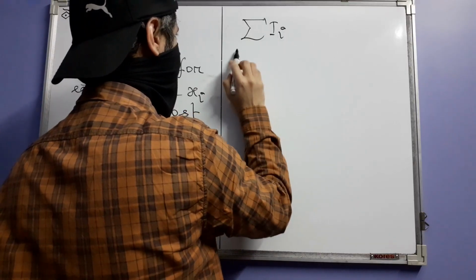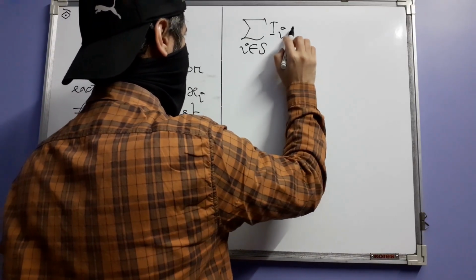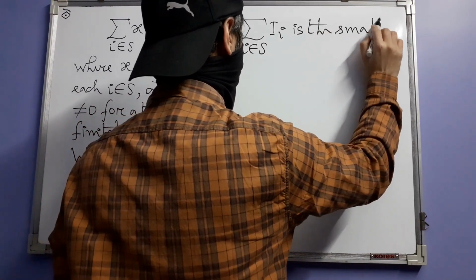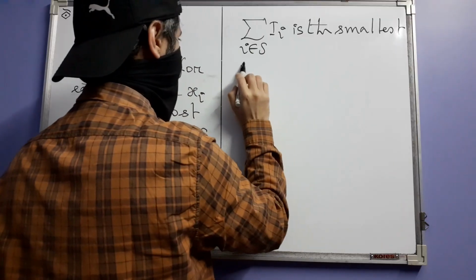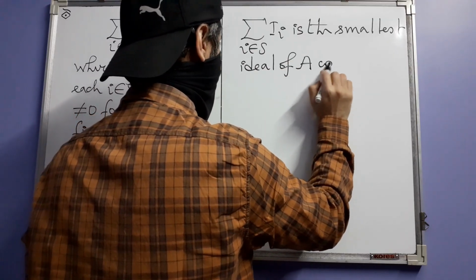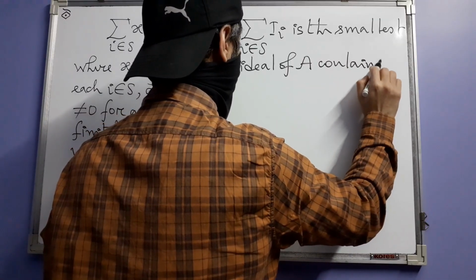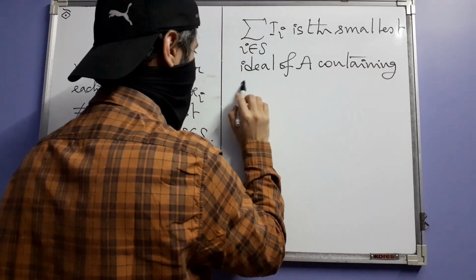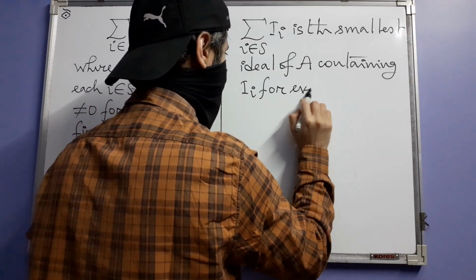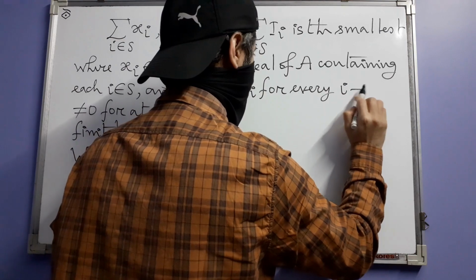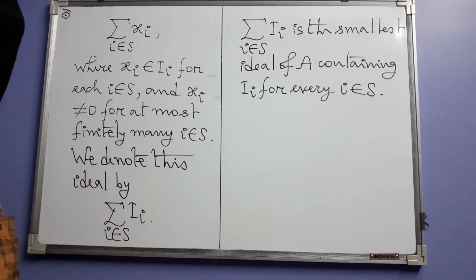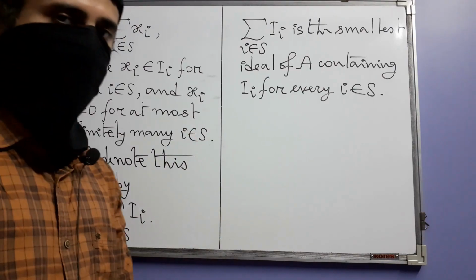The sum of I_i is the smallest ideal of A containing I_i for every i belonging to S. Okay, so that is the sum of ideals.